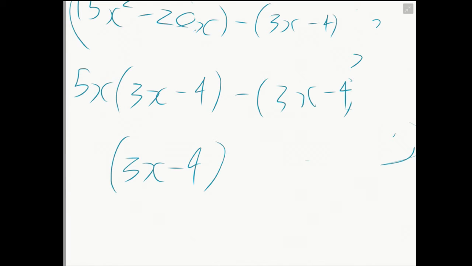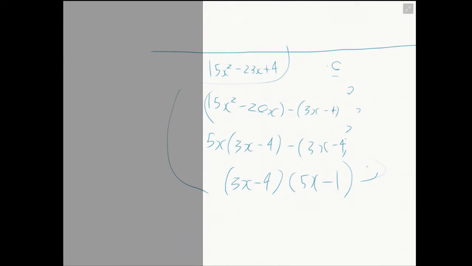What about the second one? Well, we know there's a 5x in here, but what's this? This, as I just said, is actually negative 1. We just don't write the 1 there, so 5x minus 1. Sorry, I'm just going to make this prettier. 5x minus 1 times 3x minus 4. And there we have it. That is equivalent to that.